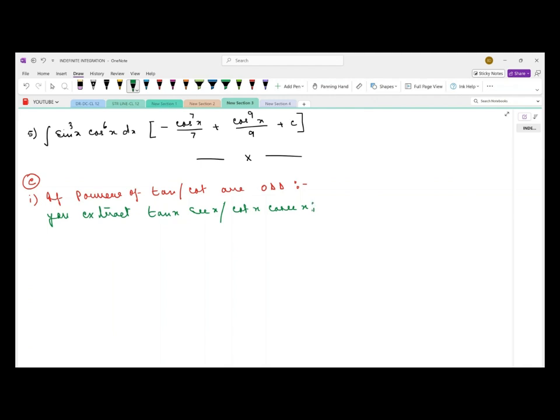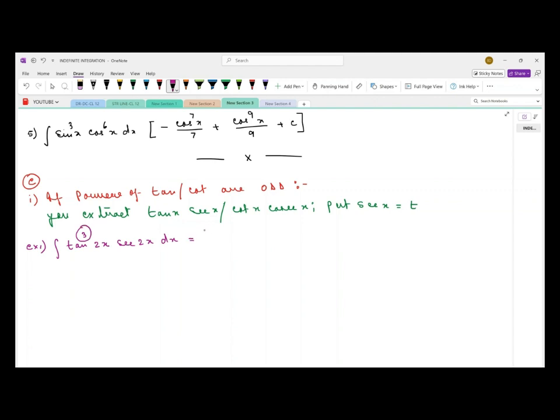Then you substitute sec x equal to t. Let's take examples. Say example 1, you have tan cube 2x sec 2x dx. Here you can see that the power of tan is odd.